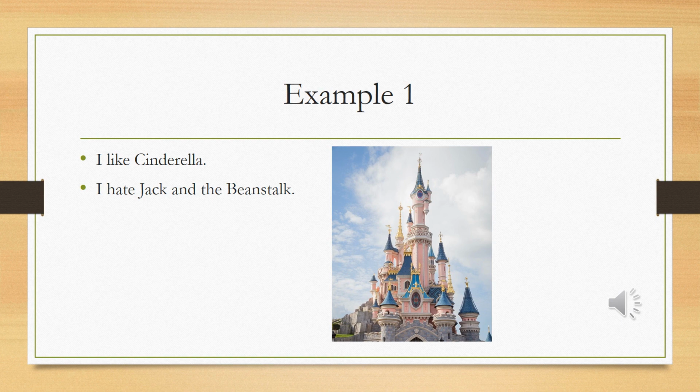You can say it alone, and it doesn't affect you at all if you put it together with the other one or not. Yet you want to put them together because maybe you want something longer at this point in your essay, or maybe because they are somehow dealing with the same topic, the topic of whether you like fairy tales or not, and you want to put them together. All right?